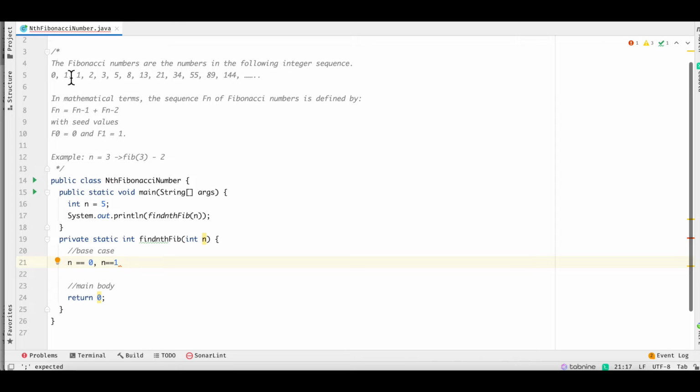Why? Because when I'm reaching n equal to 1, or n equal to 0, I cannot go beyond that. This is where my recursion has to stop. There is no negative number or something. Since it is starting with 0, this has to be a base case. And since the seed value is also f of 1, if we already get 1 as n, we have to return 1, because 1 is not equal to 0.